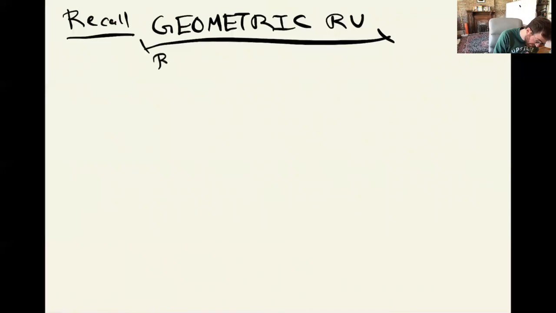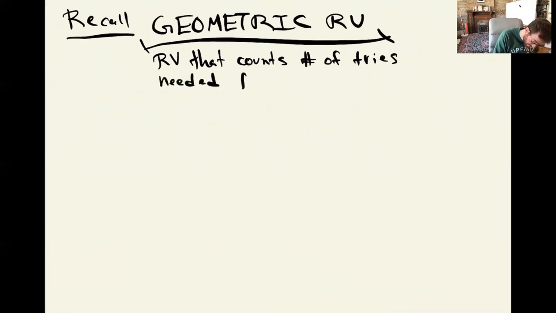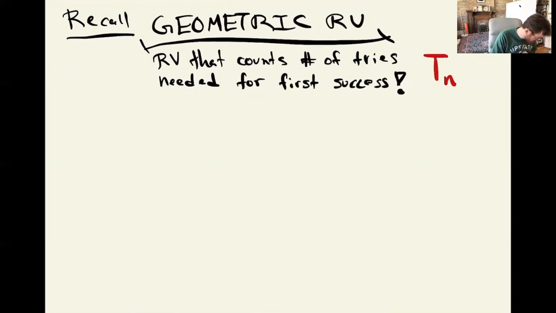So this is the random variable that counts the number of tries needed for first success. And so this is a little bit easier. Formula for this, sometimes we use the variable maybe tn, or I should just say t. That's our random variable for this.